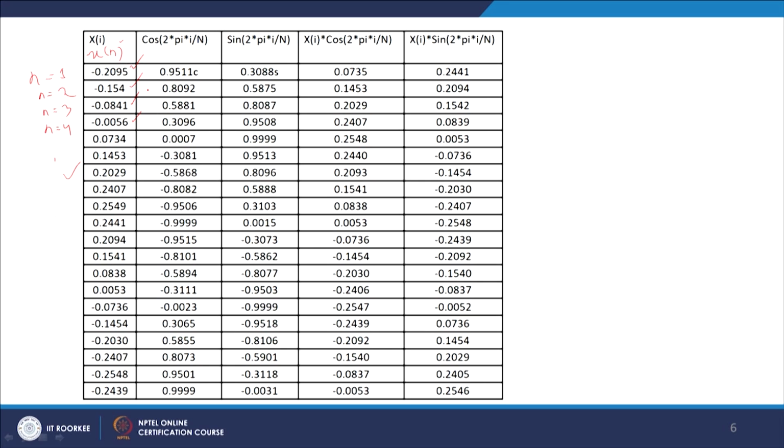Now, if you remember from the previous part, the real part is cos(2 pi n by capital N), keeping k equal to 1.